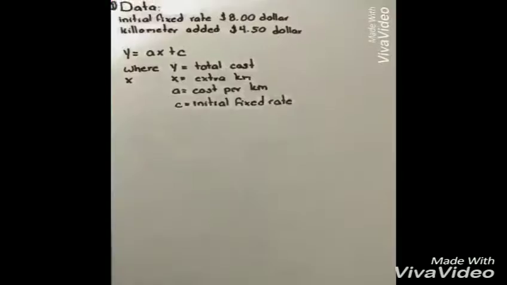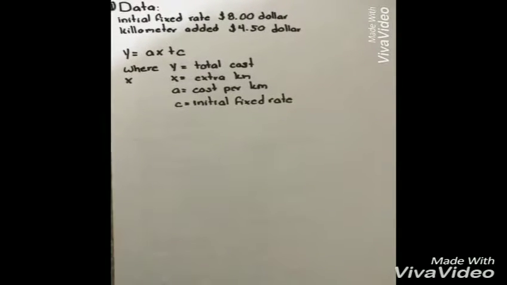To solve the problem, we have to identify the data that we have. We know that the initial fixed rate is $8, and per each kilometer we add $4.5. We are going to use the next formula.